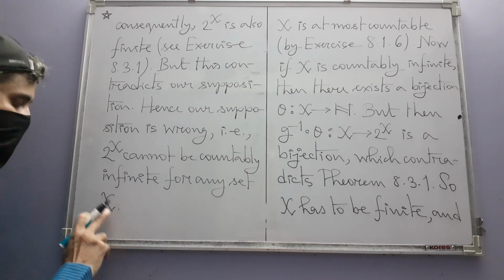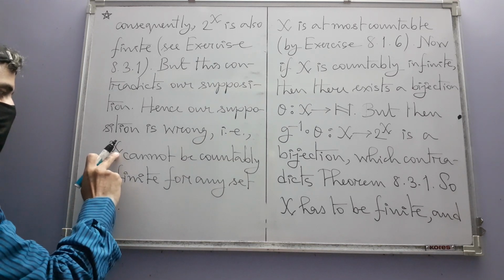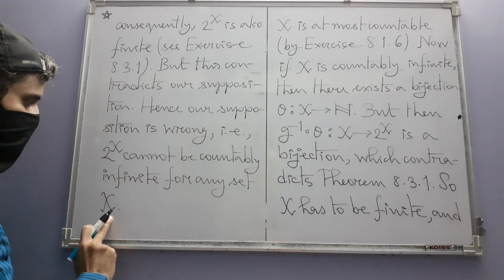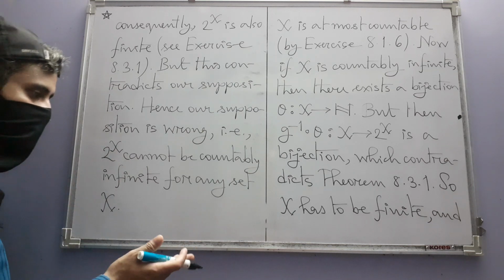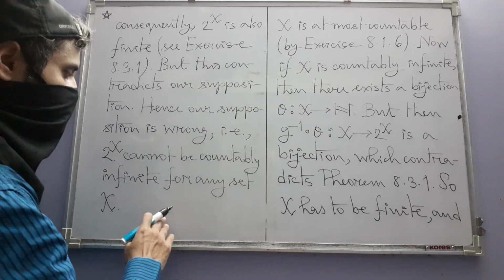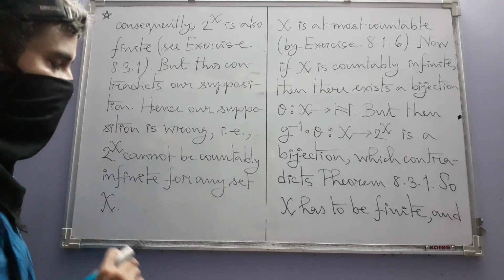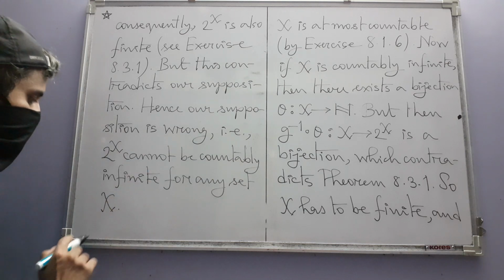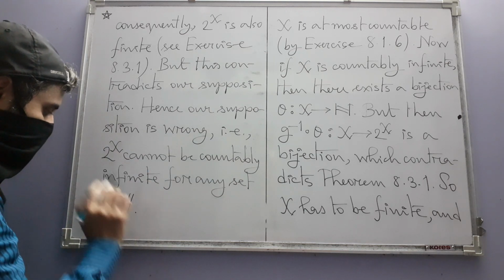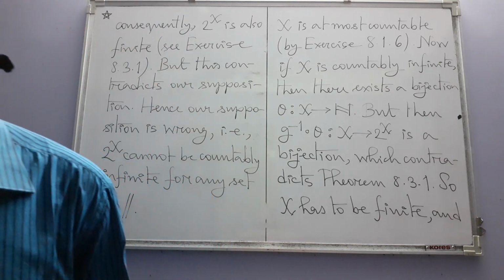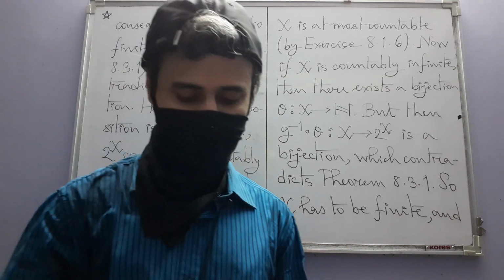If x is finite, then it is also finite. But if x is infinite, then we know that it's infinite, but it cannot be countably infinite. It will be an infinity larger than that. Okay, so that's the consequence of all these things. So that's where this solution ends, and our current exercise set also ends.